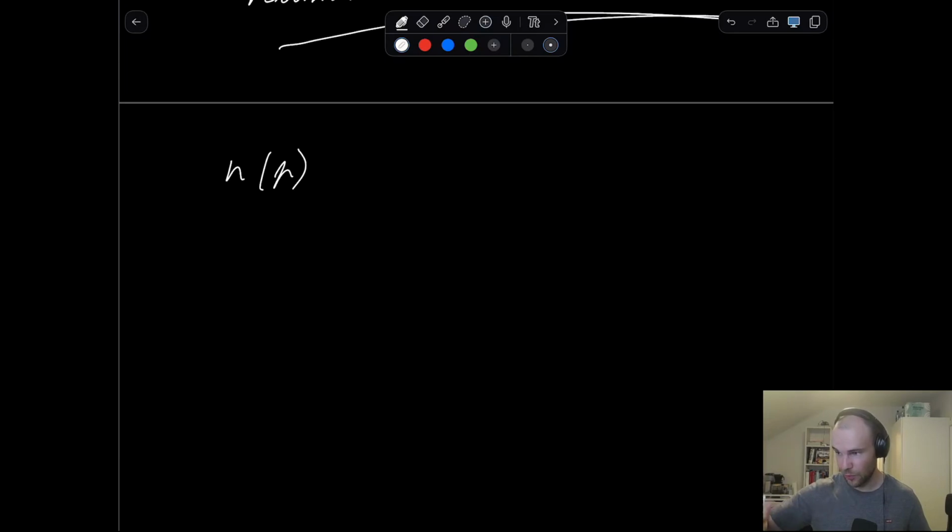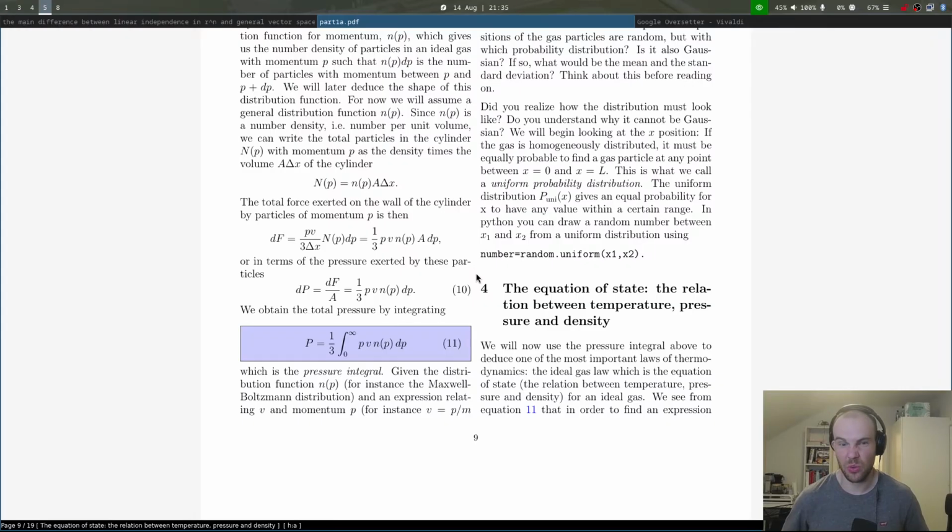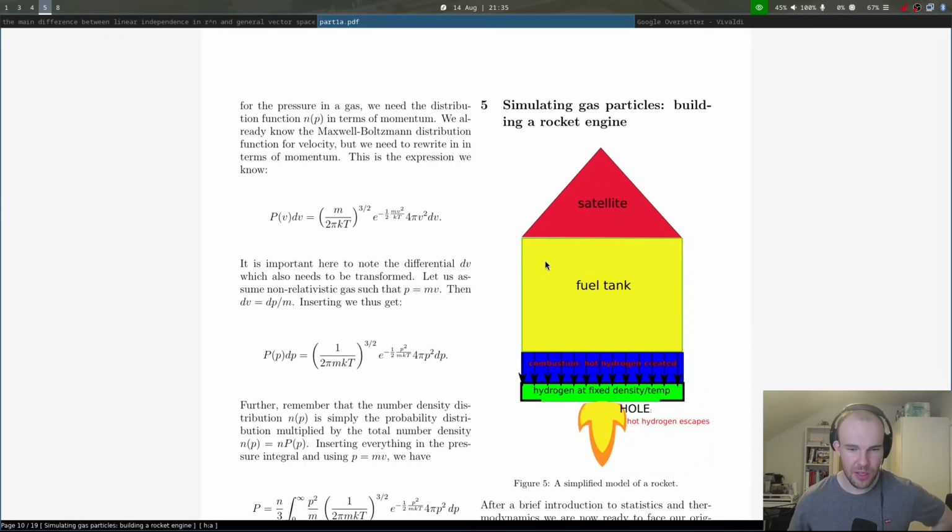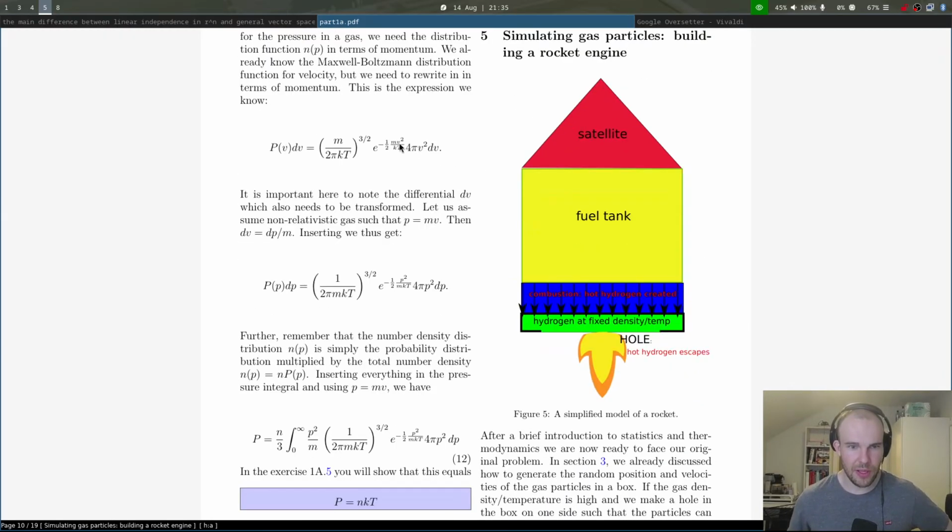And of course you just make some changes with mass and then you're good. So there's that function that we had, P of V, and to get it in terms of P you just add mass. That's it. There's nothing special about this at all. Okay, and that's just it. We're nearly finished.